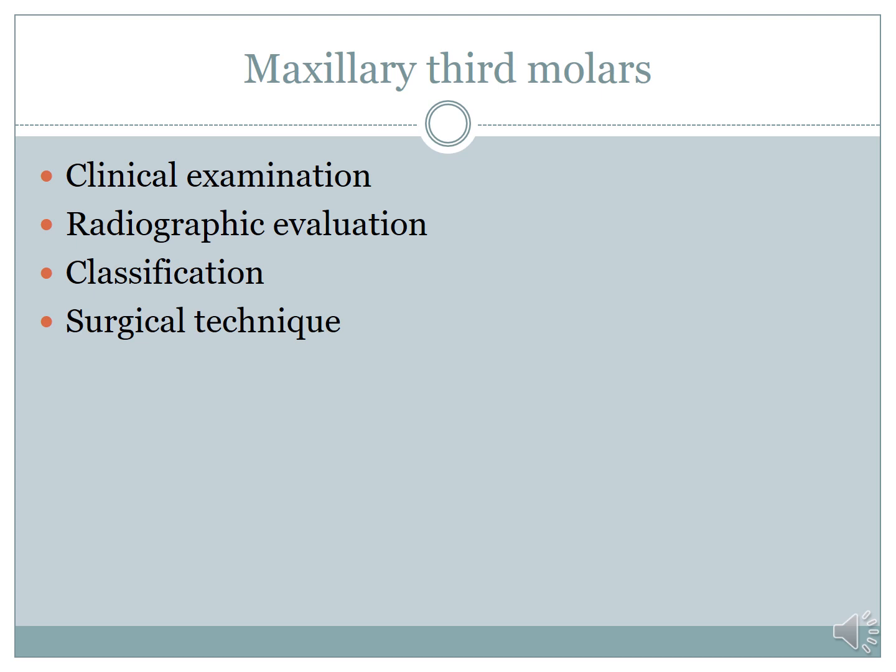A mesioangular tooth can be very easily removed in the mandible, but here the mesioangular tooth is the most difficult one. The distoangular tooth is the easiest one because of its position and the easy path of withdrawal. So there are some minor differences.